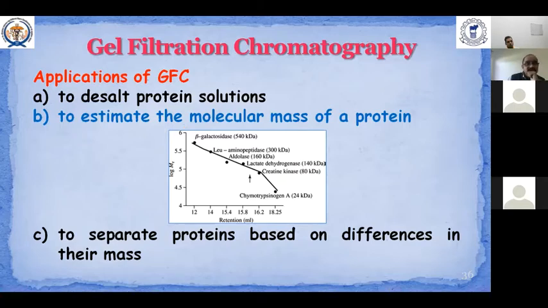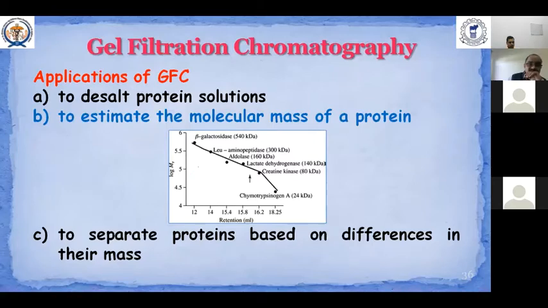Likewise, gel filtration chromatography is also used to estimate the molecular mass of a protein. The elution volume is directly proportional to the logarithm of the molecular mass. First, standard proteins are run through the gel and their elution volume is calculated.